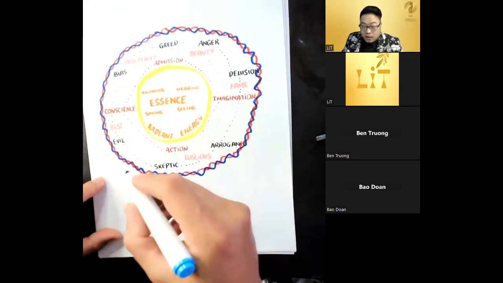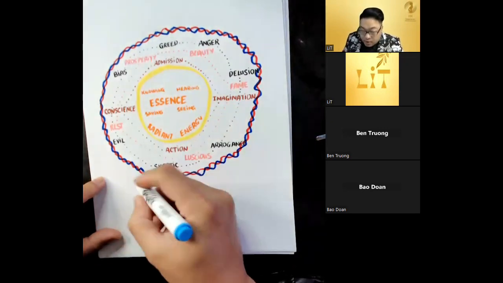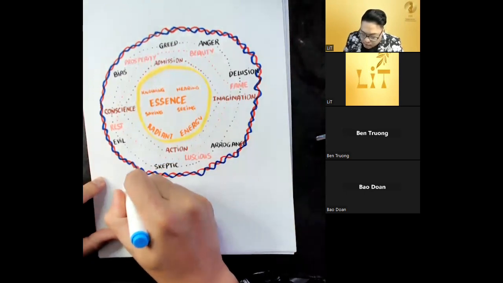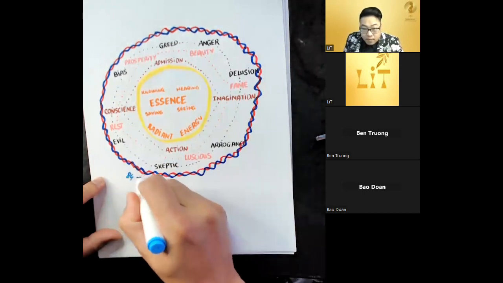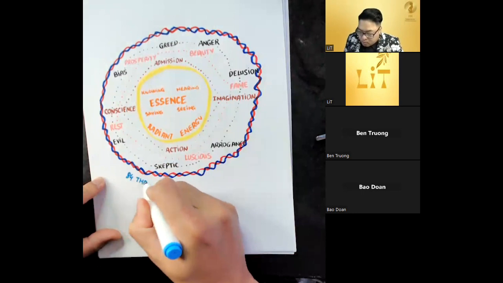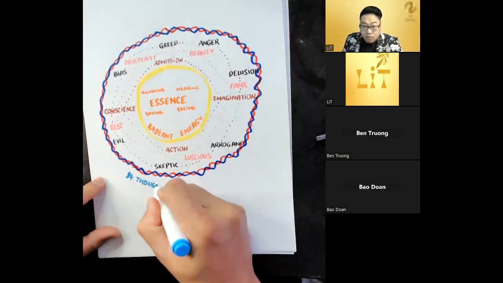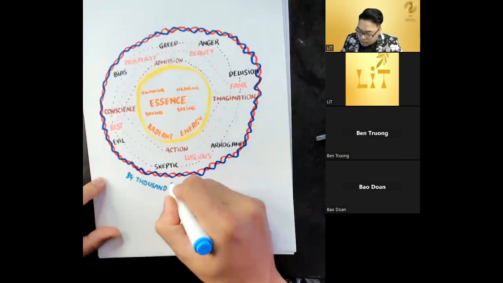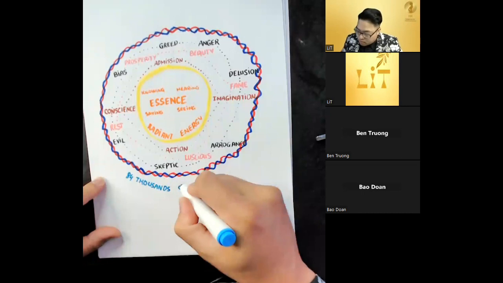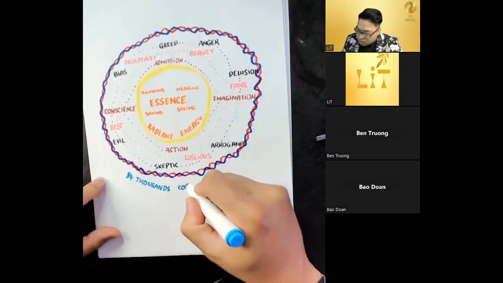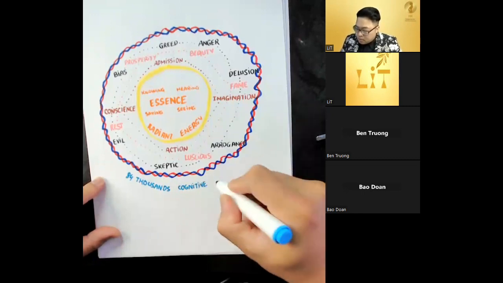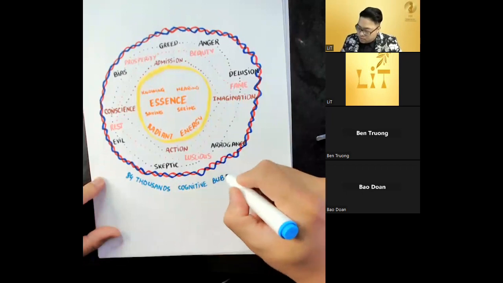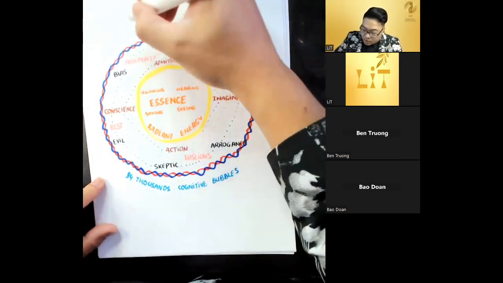So that would be, let me write it here, 84,000 cognitive bubbles. And this bubble is surrounding.